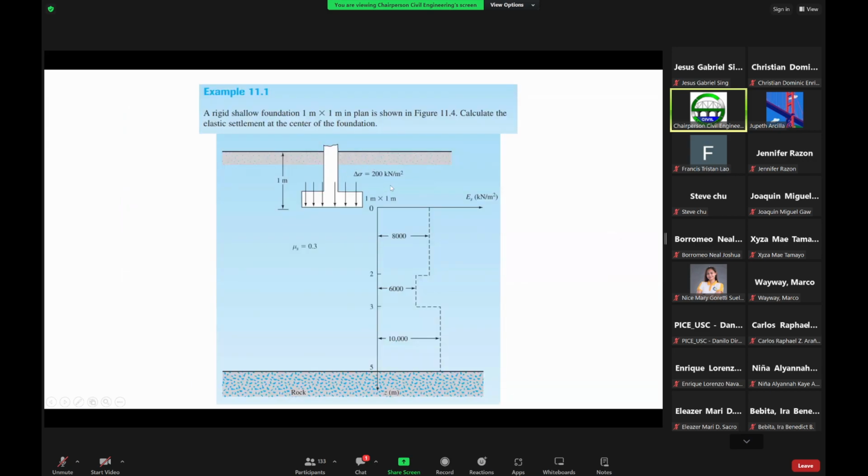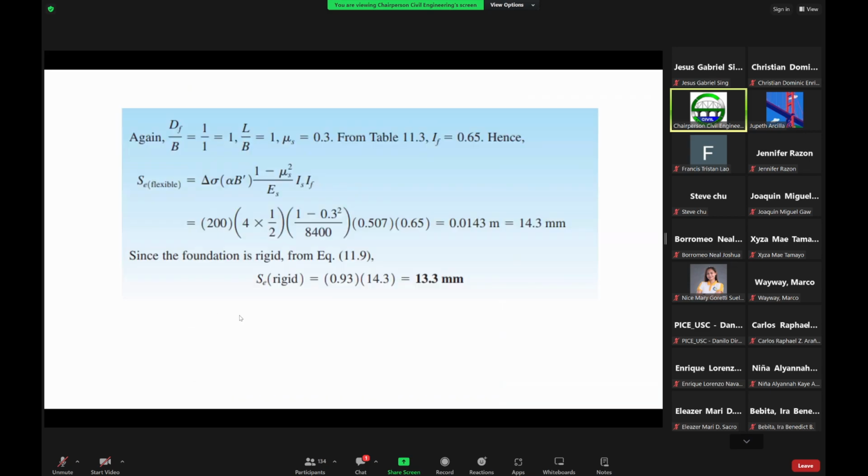That's the stress increase due to the load of your structure transmitted into the foundation pressure, which is usually calculated by the structural engineer. Then you have alpha, which is 4 at the center of the foundation. B prime is the width of the foundation over 2, that's 1 meter. Then Poisson's ratio is 0.3.